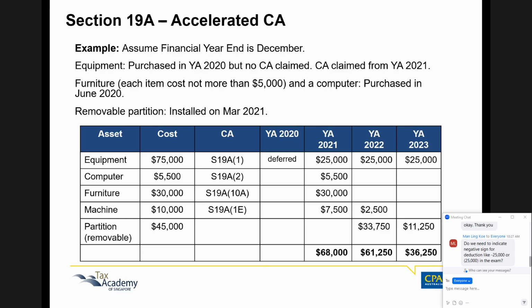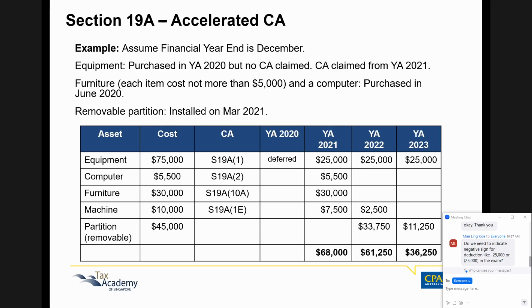Then I have my furniture and computer that were purchased in June 2020. So June 2020 will mean that it is for YA 2021, right? Then I have my movable partition in stock in March 2021. This means that the first claim that I can claim will be YA 2022.